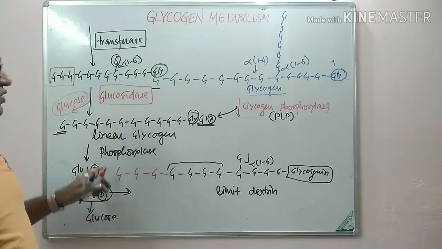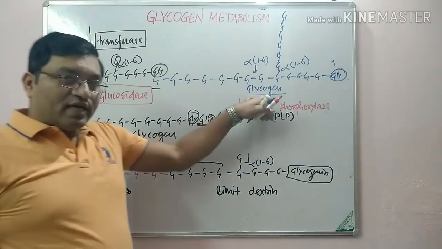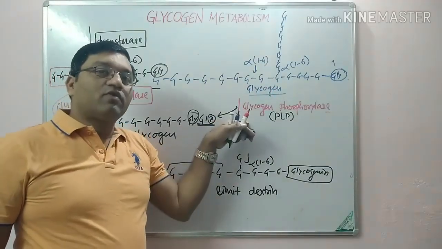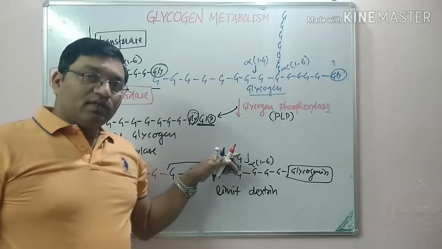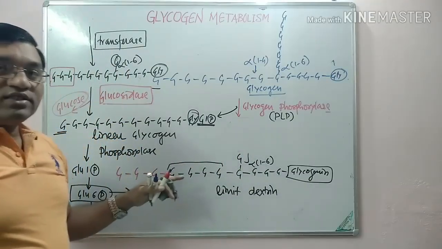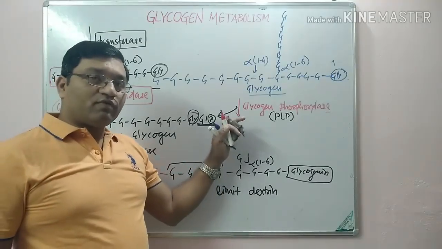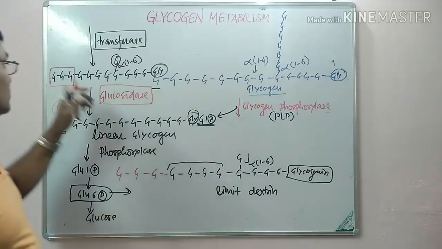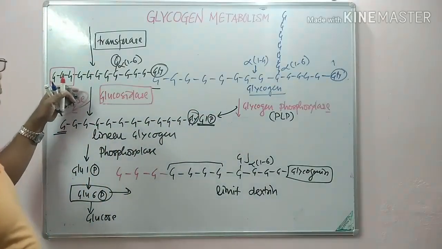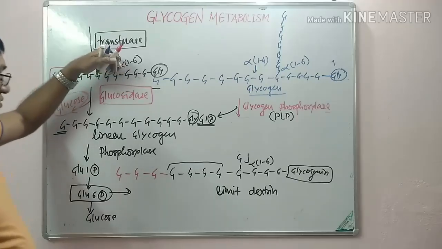The steps in glycogenolysis are: the first one is the action of glycogen phosphorylase until the formation of limit dextrin. Then there is action of the debranching enzyme. Debranching enzyme removes the trisaccharide unit from this branching point and attaches it to the linear molecule by the transferase activity.